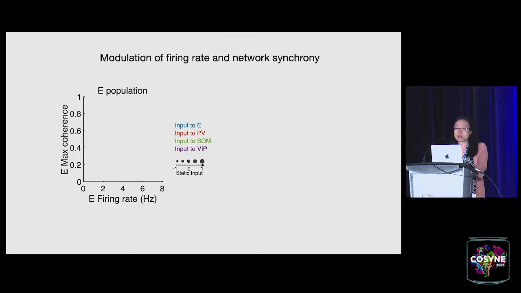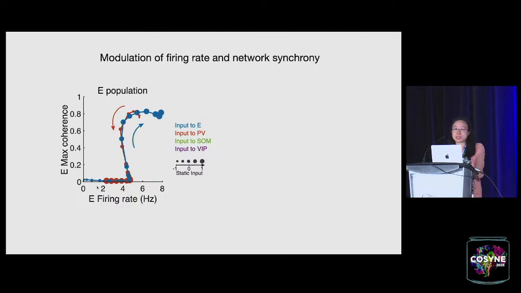So we can summarize the patterns of modulations in this phase plane of the firing rates and the maximal coherence of the excitatory neurons. As we apply input to a cell population, it moves the network states along a certain path in this phase plane. For example, as I just showed you, input to the PV neurons decreases the network synchrony and results in non-monotonic changes in the firing rates of the E neurons.